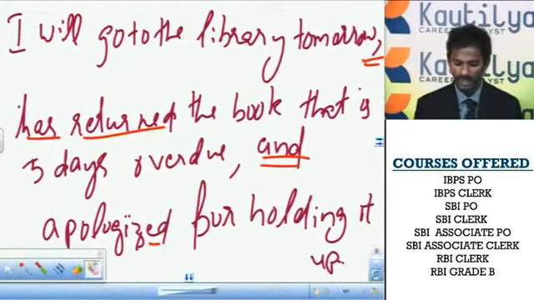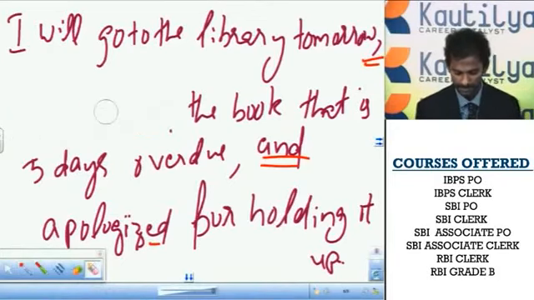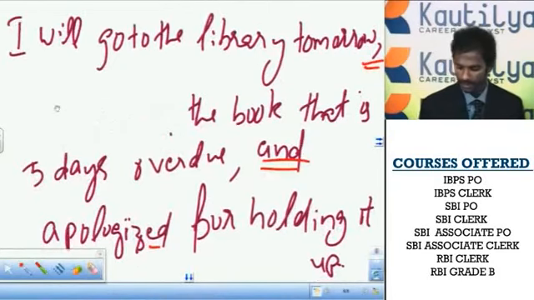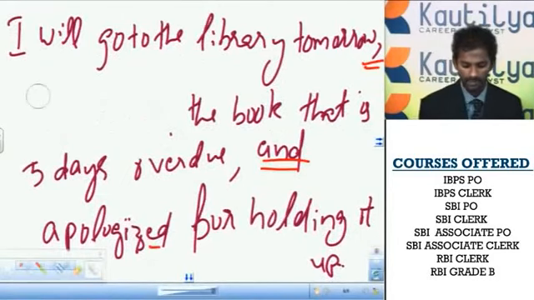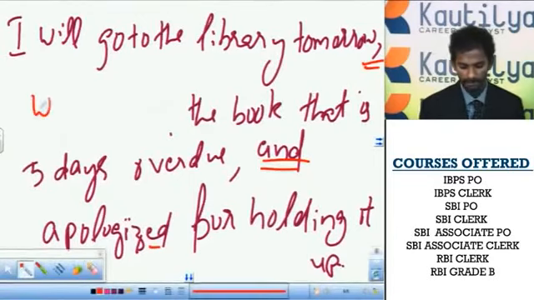I will go to the library tomorrow, comma. I just eliminate this part. Will return the book that is 5 days overdue. Is it fine?